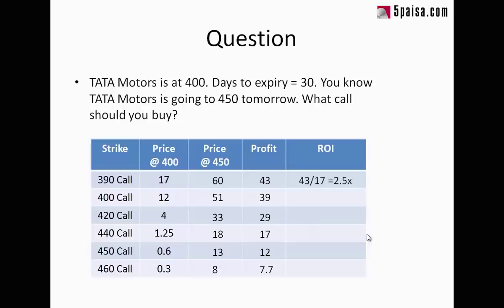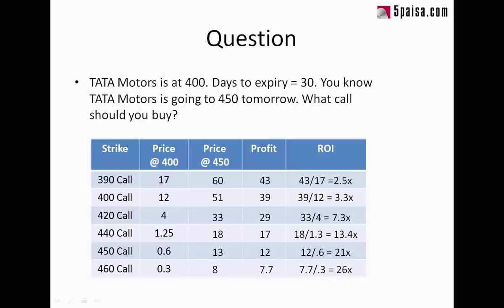Wow, that's a 2.5 times ROI for the 390 call, 3.3 times for the 400 call, 7.3 for the 420 call, 13.4 for the 440 call, a 21x return for 450 call, and a phenomenal 26x return for the 460 call. So that's fairly interesting because your cheaper options hit like crazy when the stock gave you a big move.